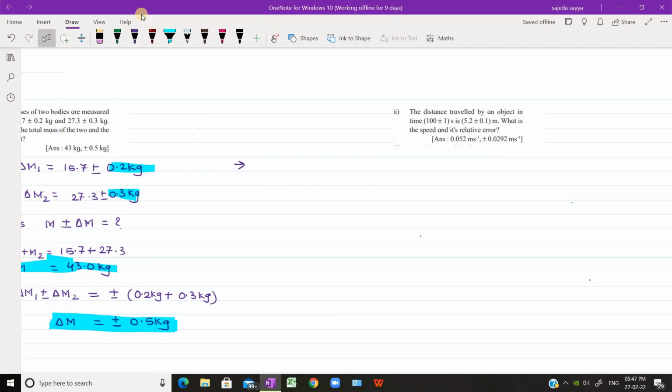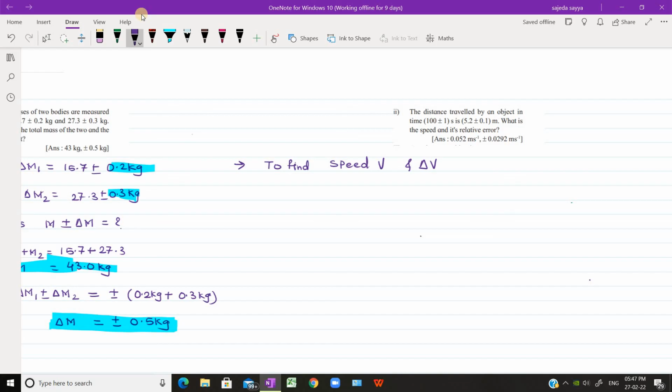What is the speed and its relative error? So we are asked to find speed, that is v, and error delta v in the measurement of v.